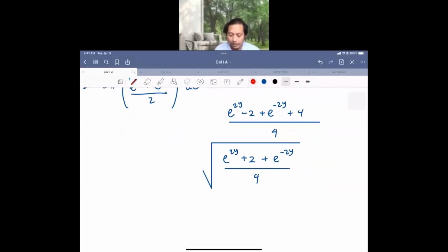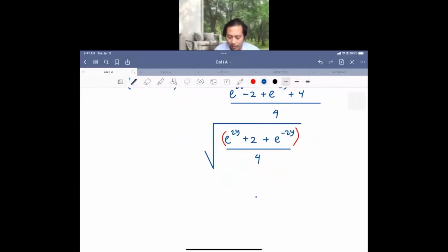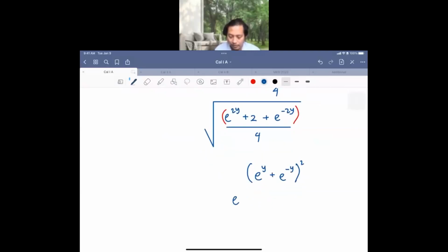If we take e^y plus e^negative y and square it, it cancels one more time, and that basically makes out our solution here, right?